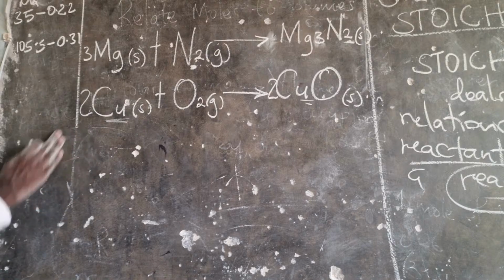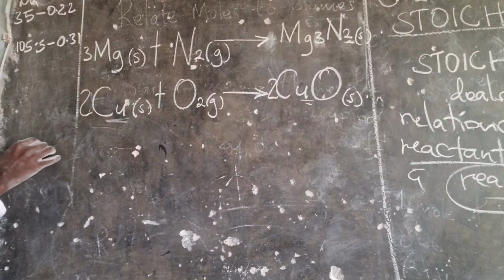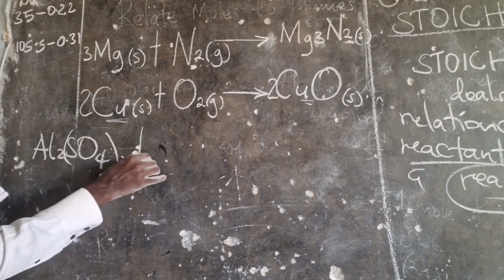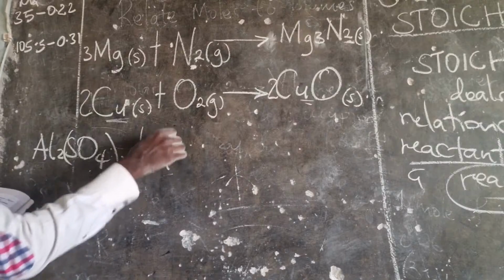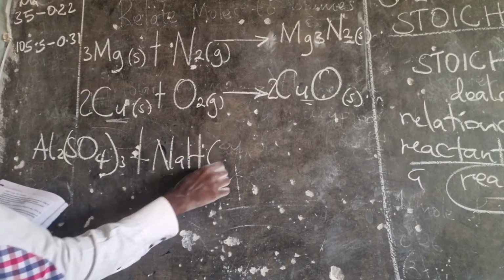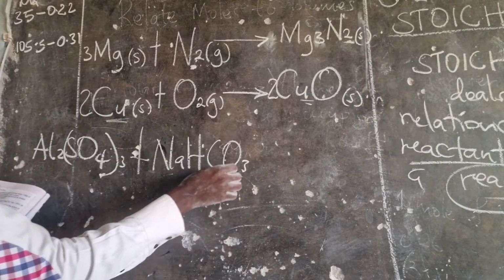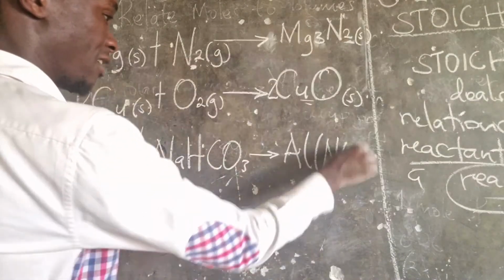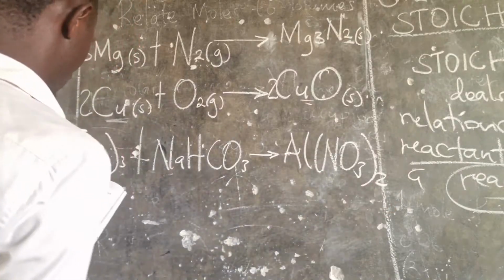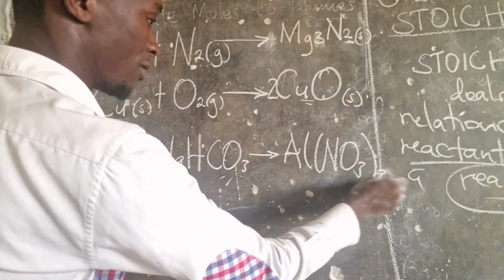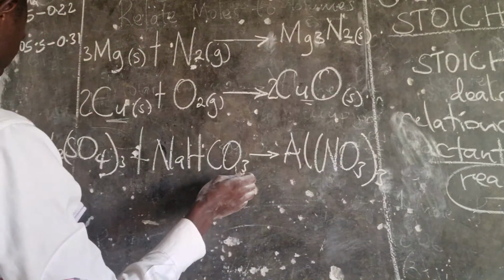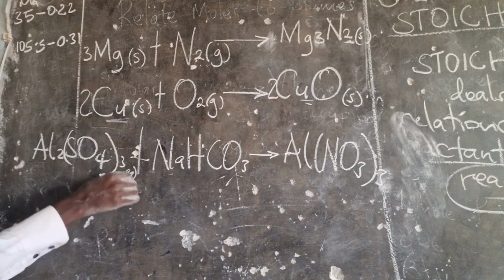Try to balance for me this one. It is a lengthy equation. It is aluminium sulfate reacting with sodium hydrogen carbonate to give aluminium nitrate. Sorry, this is a 3. The states here: this is aqueous.